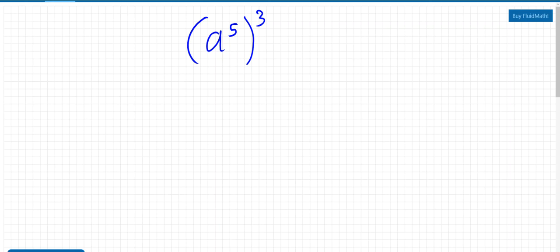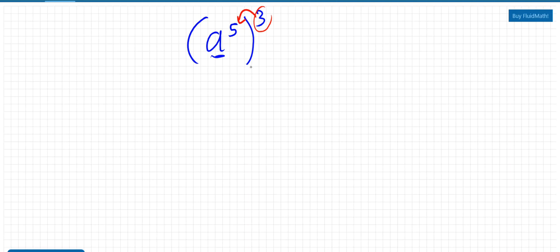To see this index law, in my brackets I've got a base, which is A, but that's fine, it's still a base. It has a power 5 inside the bracket. Outside the bracket is my power 3. The index law says you multiply the power outside the bracket, in this case 3, with the power or powers inside the bracket.